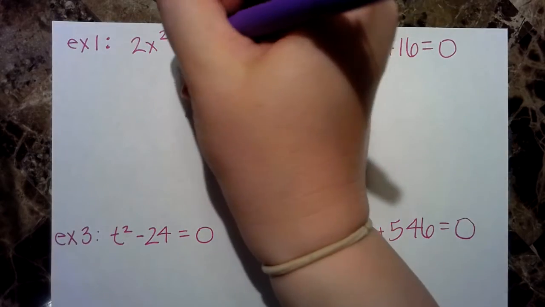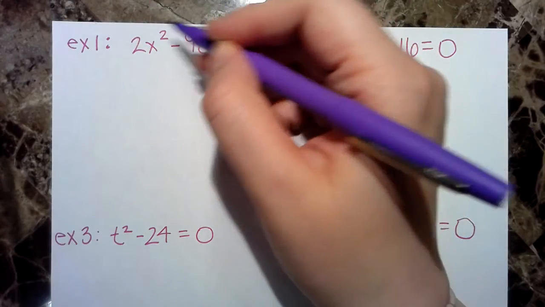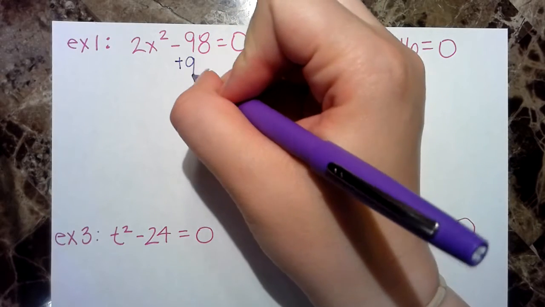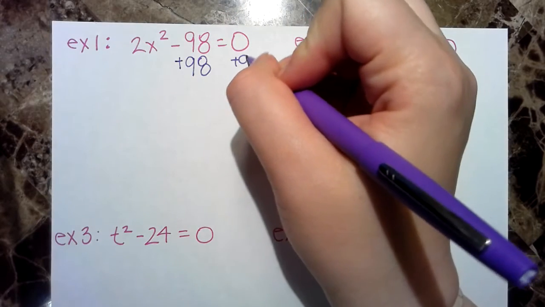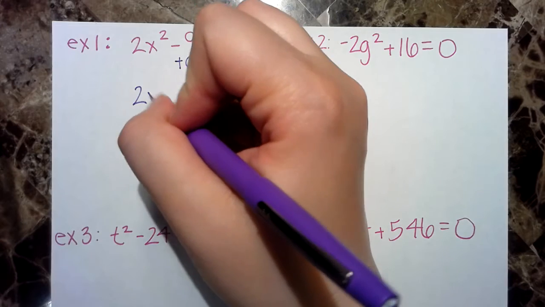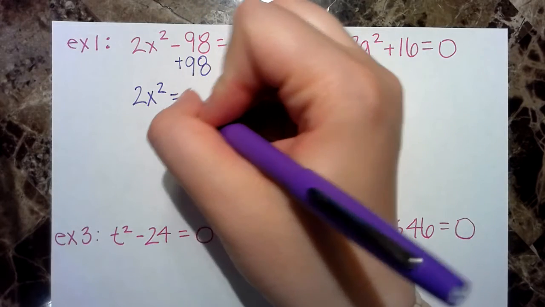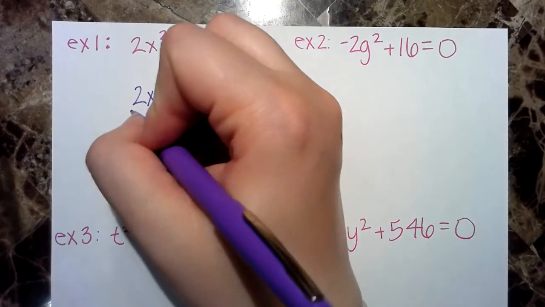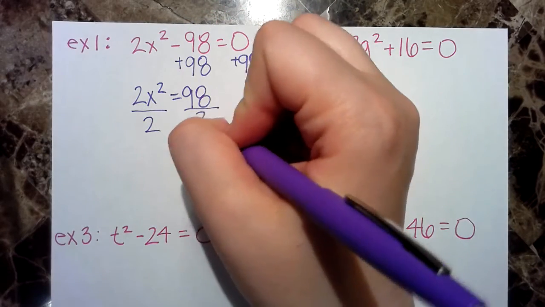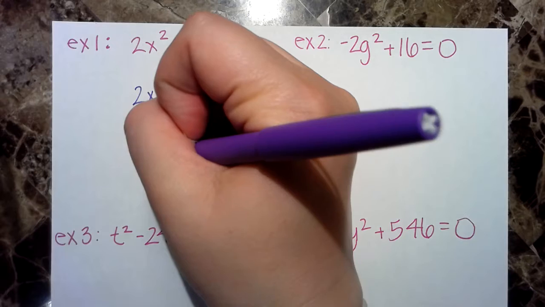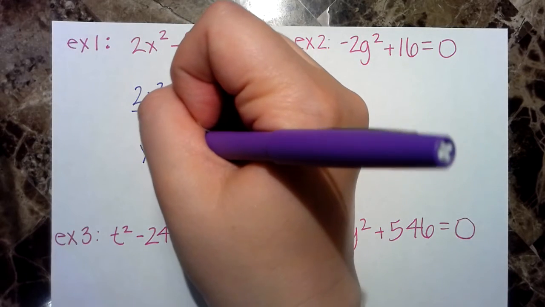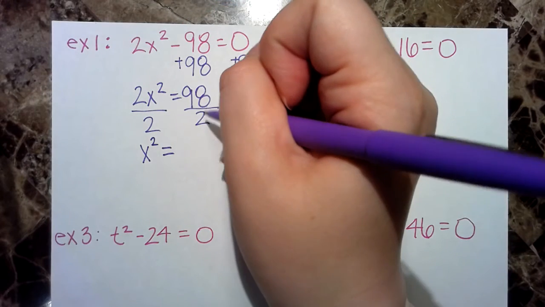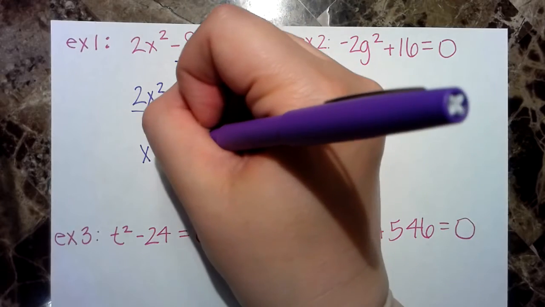So we're going to get x squared by itself, we're going to add 98 to both sides. And it's going to be 2x squared equals 98. We are then going to divide by 2 because we want to get x squared by itself. So we're going to get x squared equals 98 divided by 2. That's going to be 49.